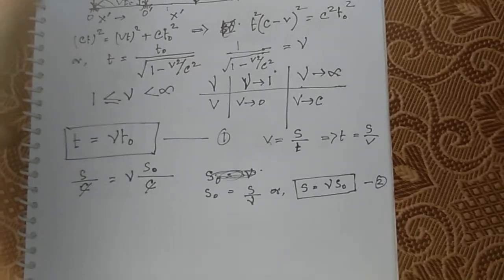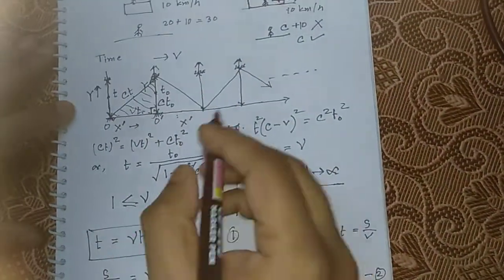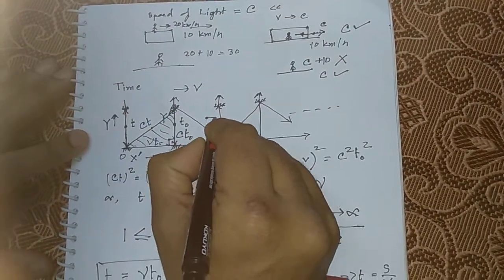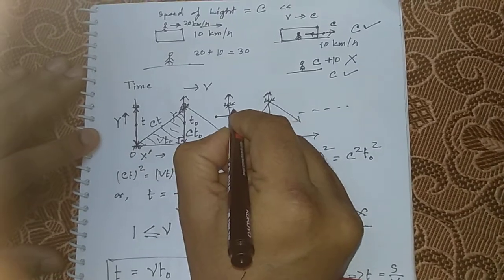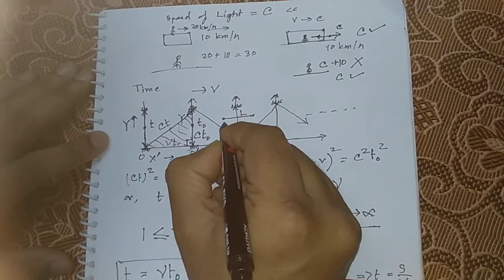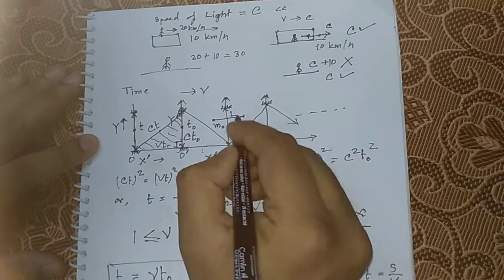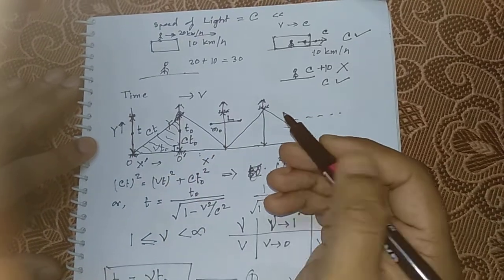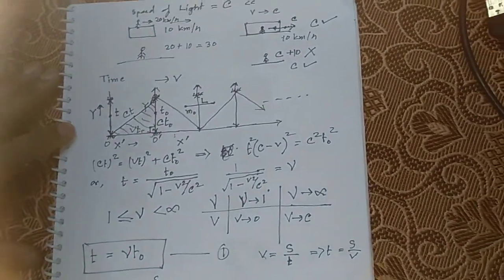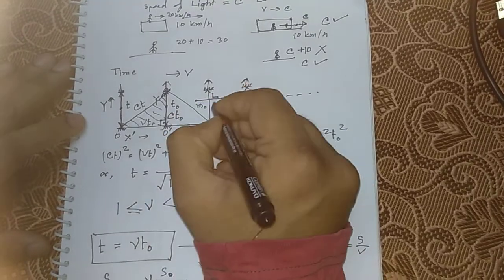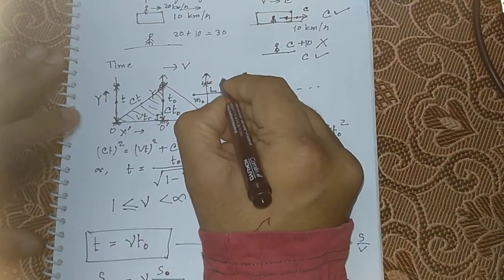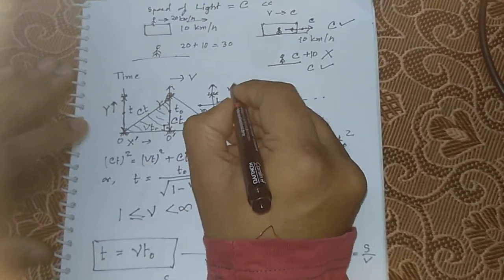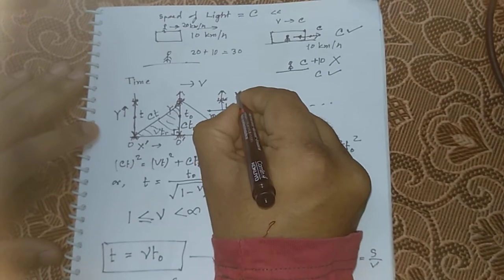Now let's say in this reference frame, a particle M is moving in that direction, having a mass m0 and a length L. This particle is moving from here to here. Let's say this inertial frame has a velocity v, and the particle is also moving with a velocity u.